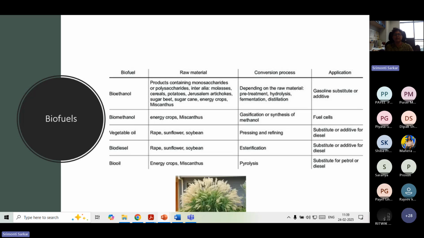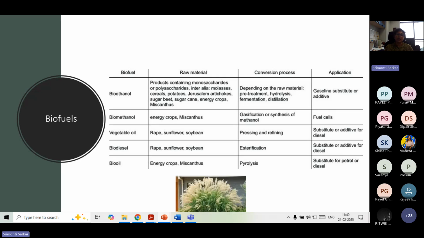This is a grass whose scientific name is miscanthus, something that we know as kashful, right? So this is also proving to be a very high source of carbon compounds that can be converted into biofuels. So whether it's bioethanol or biomethanol, these all depend on these high energy crops.